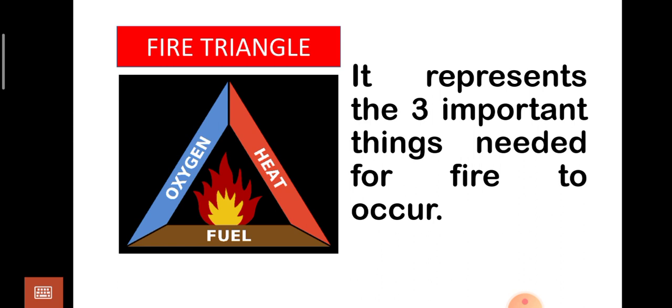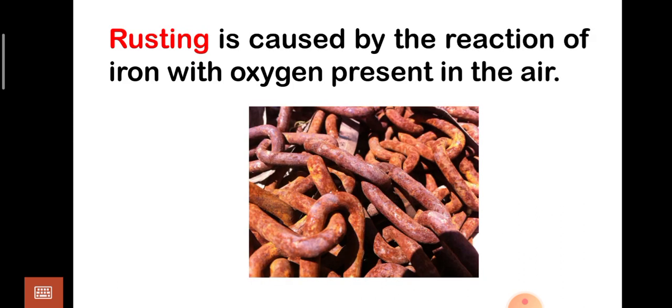So, the picture shows fire triangle. So, nakikita natin yung three elements that are important needed for fire to occur. So, kailangan ng oxygen, kailangan ng heat, kailangan ng fuel. Alisin mo yung isa dyan, hindi magkakaroon ng fire. Or, hindi magiging successful yung pagkakaroon ng fire.